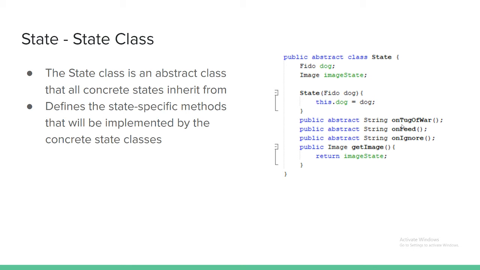Then we have the feed activity, and the ignore activity, and then we also have this image object, which stores a specific image that is different for each state. So that's the state class.